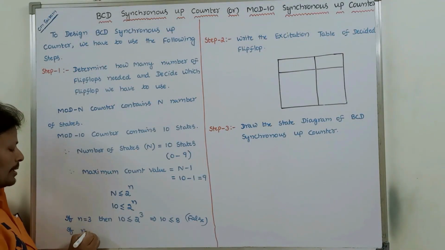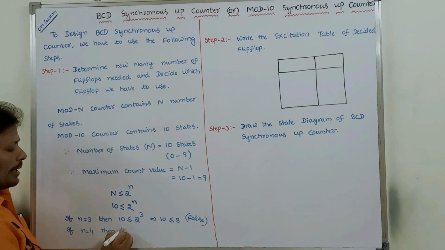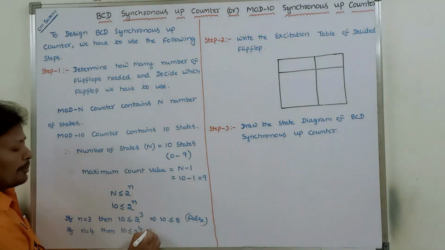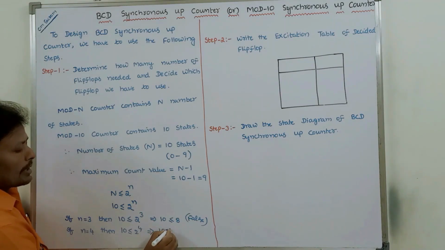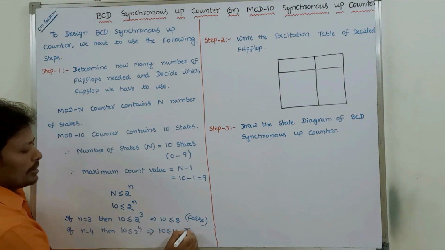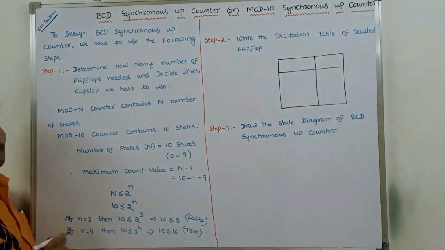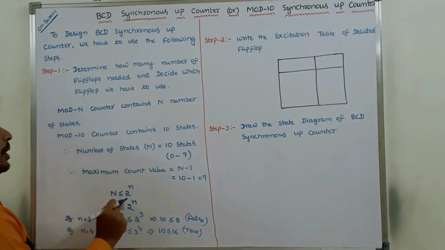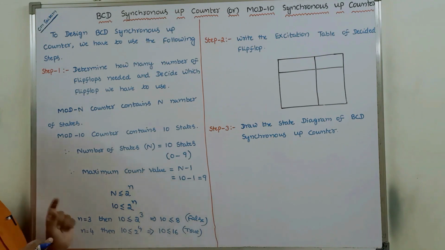If n is equal to 4, then 10 less than or equal to 2 power 4. That implies 10 less than or equal to 16. So that is true. So for which value of n is this formula satisfied? Small n is equal to 4.